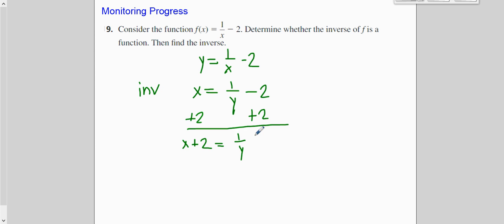All right, so we got to get the y out of the denominator, so multiply both sides by y. We want the y by itself, so now divide both sides by x plus 2. And we have our inverse.